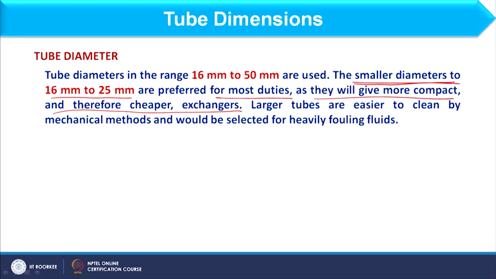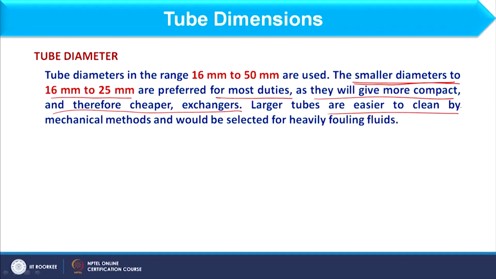Okay. Now, if I ask you what is the parameter which enhances the cost of a shell and tube heat exchanger, that parameter is the diameter of the shell. So, if I am using a smaller diameter tube, it will give a more compact heat exchanger, it means it will give a smaller diameter shell, it means it gives a cheaper exchanger, fine.